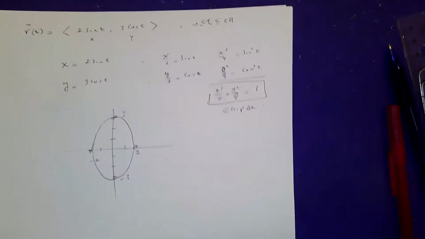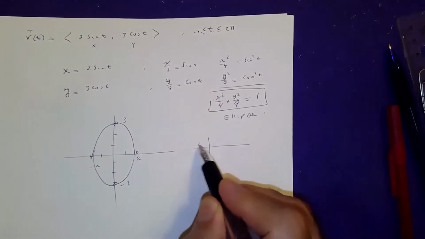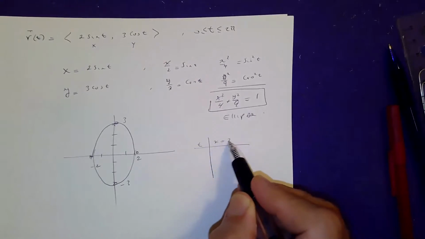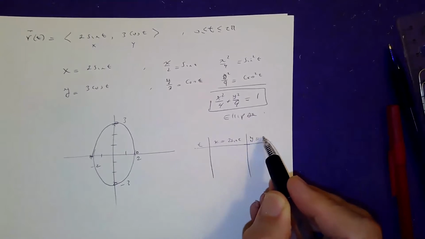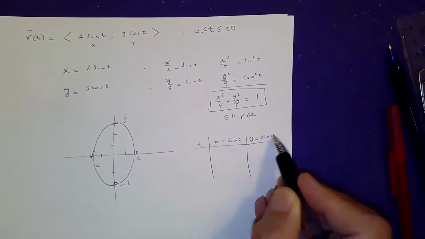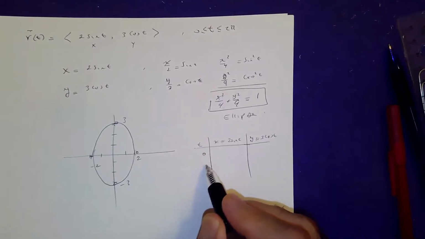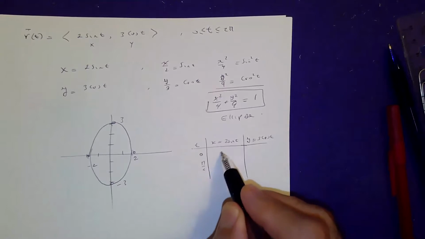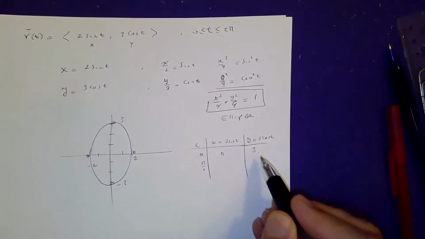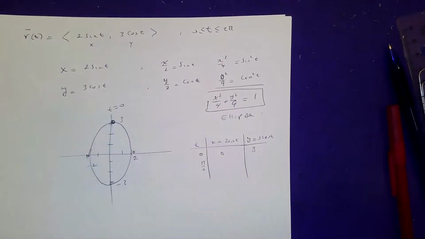But remember, I need a direction. To find the direction, here is your x, which was 2 sine of t, and here is your y, which was 3 cosine of t, correct? So pick values like 0 and pi over 2. At 0, x is 0, y is 3, so you are right here at time 0.